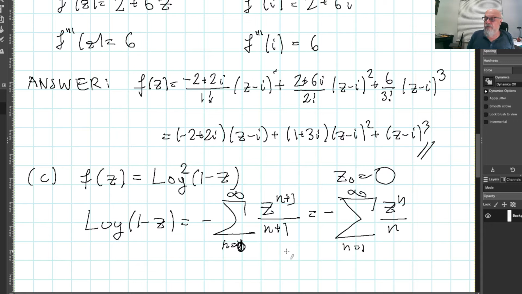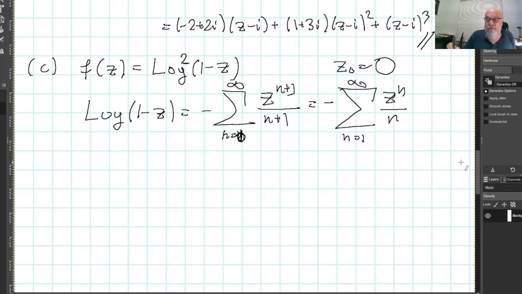So this will be our logarithm. So let me do the solution.